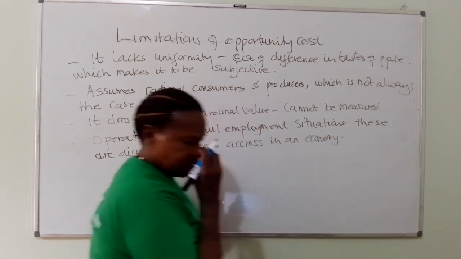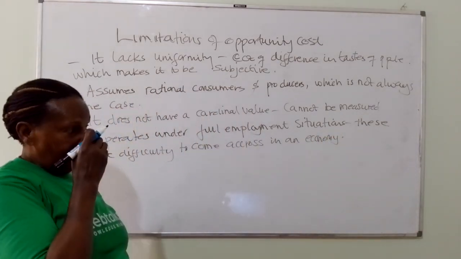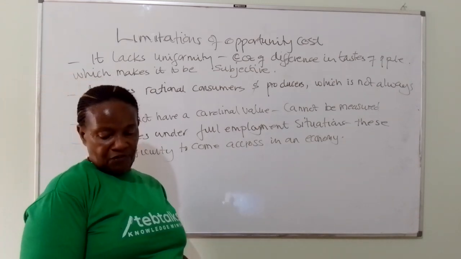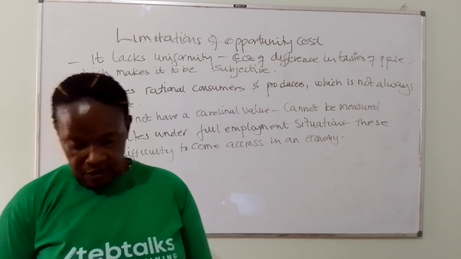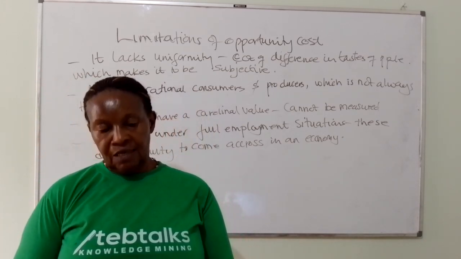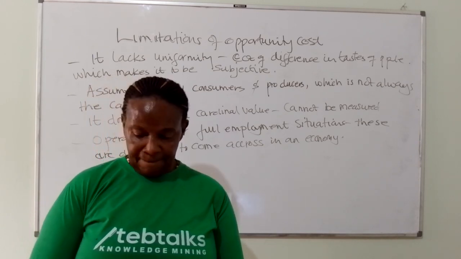So we have pockets or elements of unemployment here and there, and if opportunity cost is to operate where resources are fully utilized, then we find that it will not be very easy to use it.